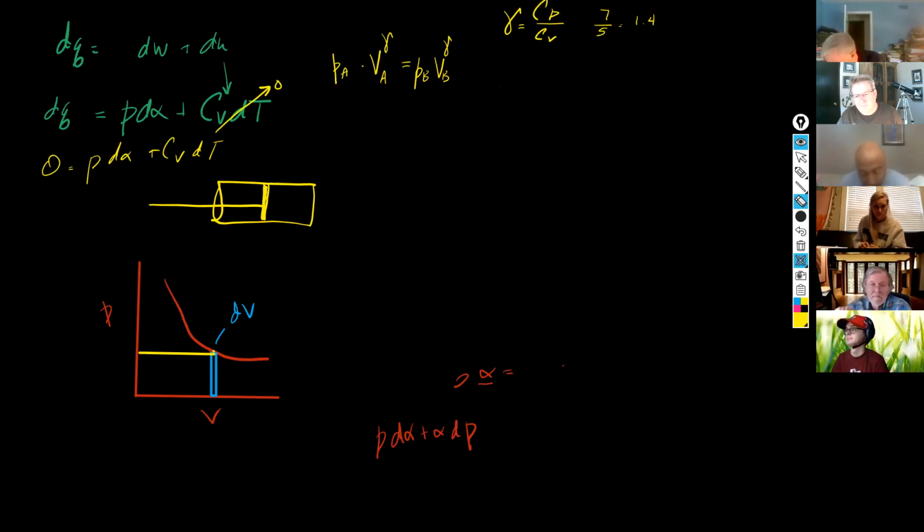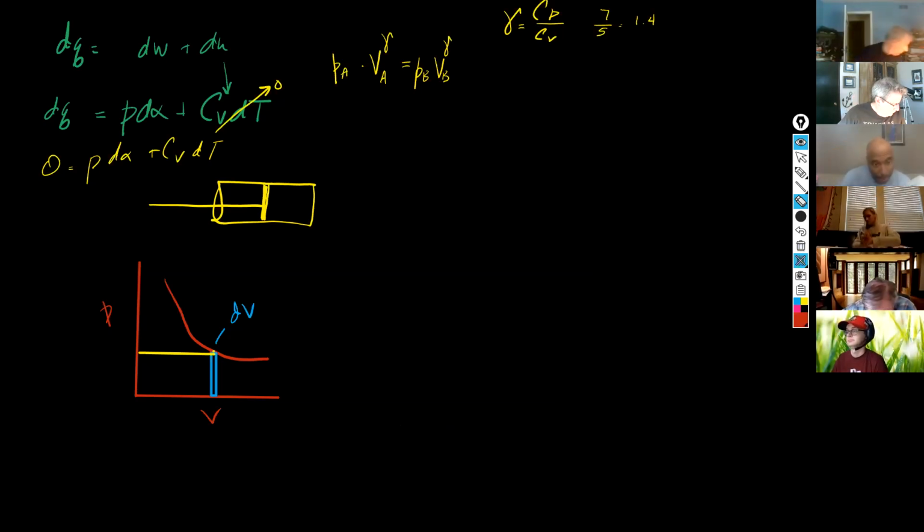Oh, 3.33. Does everybody know where we're talking about then? It's on page 104. Yeah. This is about an adiabatic transformation.